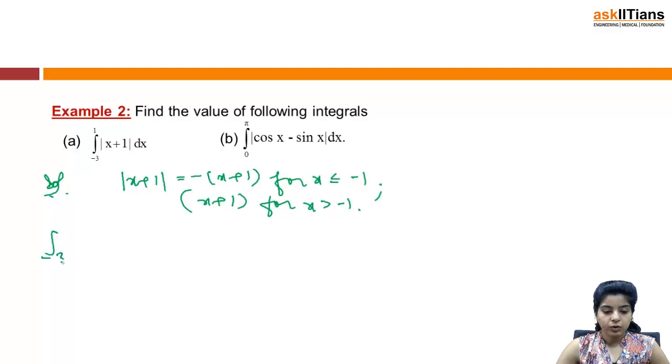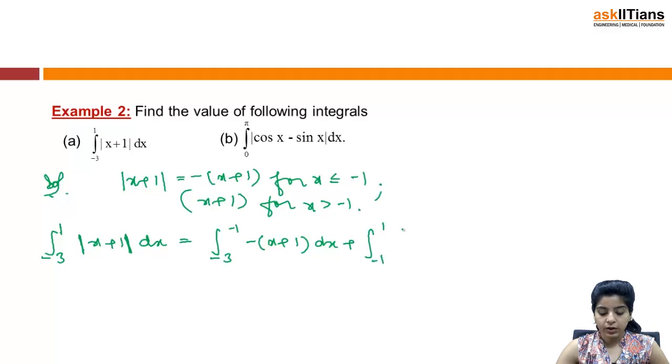So basically what you can write is integral minus 3 to 1 mod of x plus 1 dx, right? This will be equal to integral minus 3 to minus 1 of minus (x plus 1) dx, plus integral minus 1 to 1 of (x plus 1) dx.